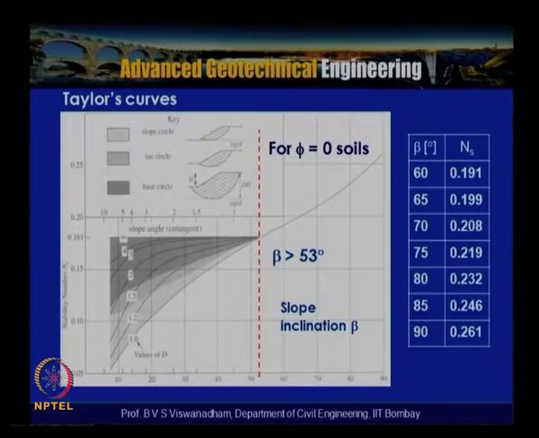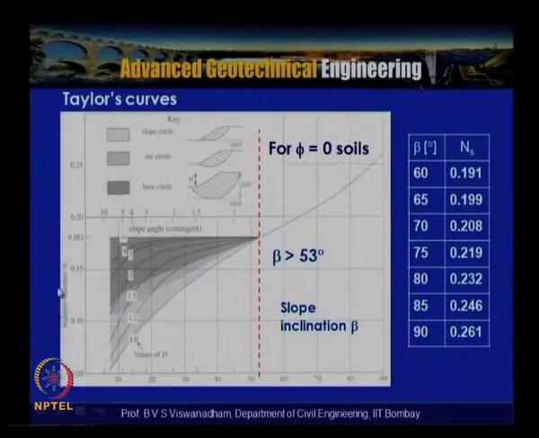Now in order to get the stability numbers, Taylor has given Taylor's curves, wherein the stability number is on the y axis, for different slope inclinations. For beta greater than 53 degrees, we can see that it is independent of the depth factor.